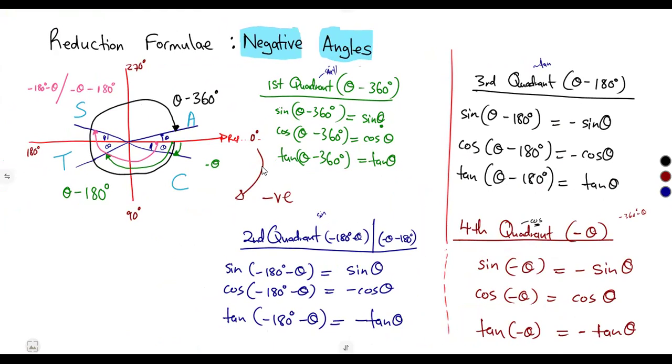So guys, knowing negative angles means knowing the angle which lies in that quadrant, because the rest here is a repetition. Just know which angle it is that I have in the fourth quadrant, minus theta. In the third quadrant, theta minus 180. I showed you how to obtain these angles in case you have forgotten.